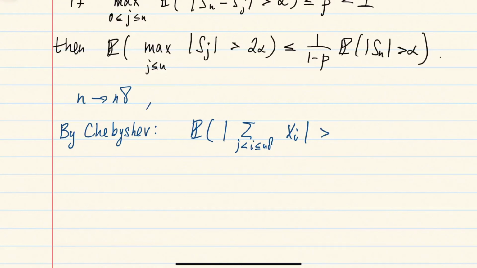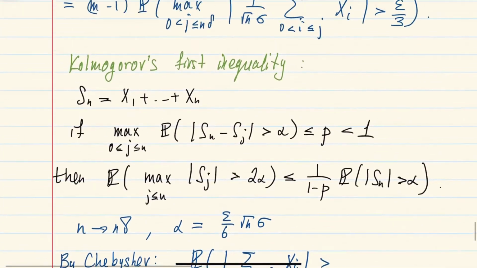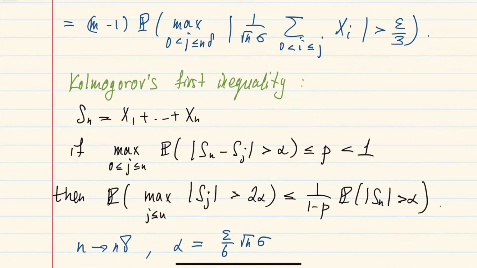In this particular case, we're going to take alpha to be epsilon over 6 square root of n sigma. Basically, this is because then 2 alpha will match exactly after rescaling in this inequality. If you multiply both sides by square root n sigma, you get square root n sigma epsilon over 3 on the right hand side, and we want this to be 2 alpha.